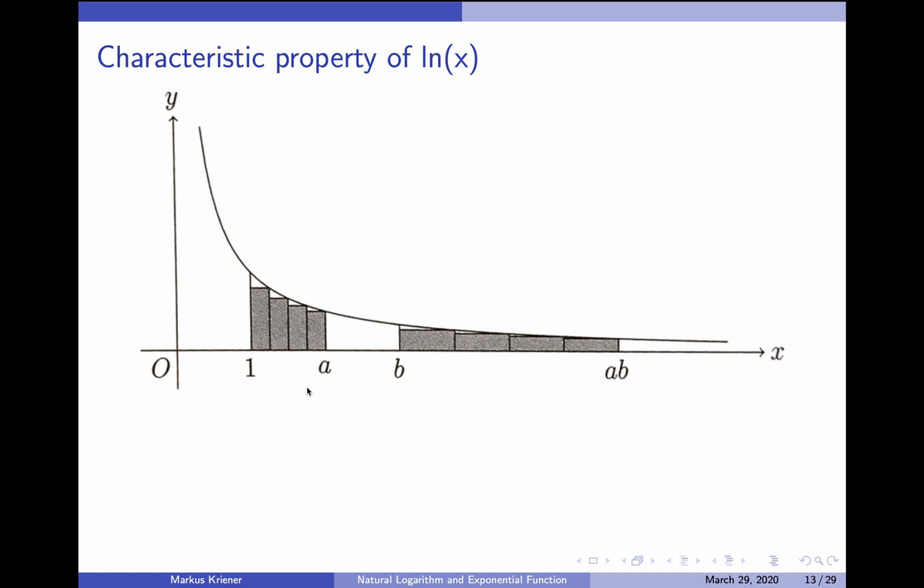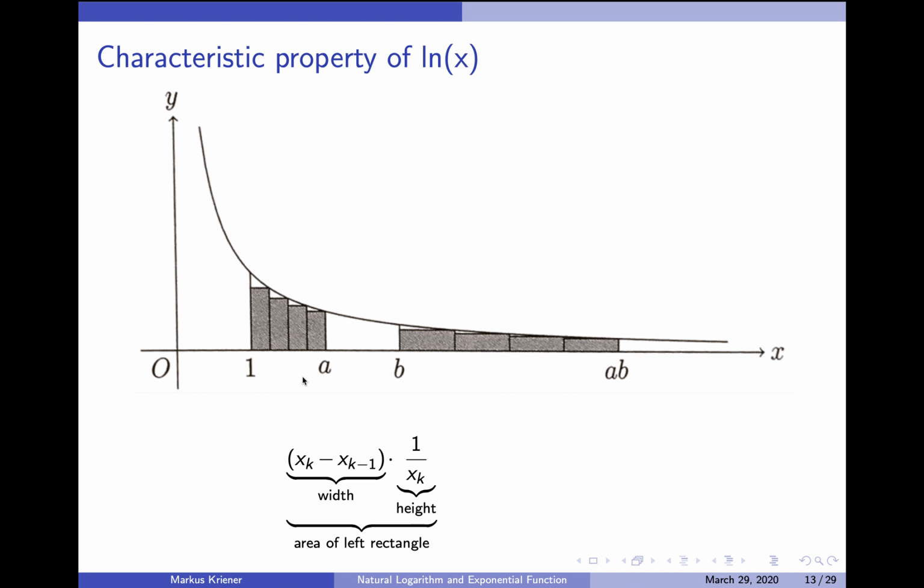Now, we cut the left interval into n subintervals. In the picture, this would be 4. The left and right ends of these subintervals will be numbers x0, this is 1, x1, x2, x3, and x4, this is a.